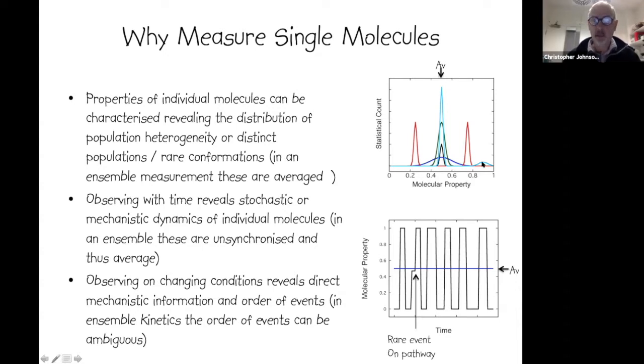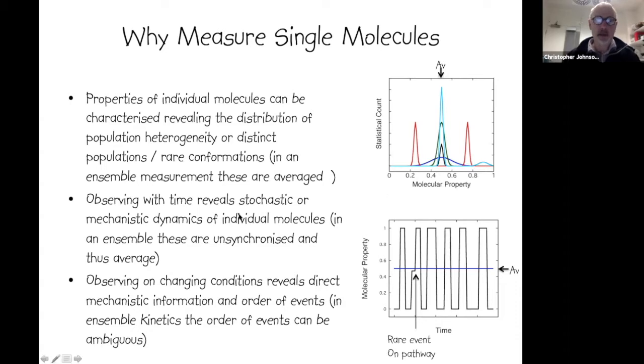And if we're making a bulk or what is an ensemble measurement of many, many molecules, then we'll end up observing this average molecular property. And that average molecular property would be observed for all of these scenarios. So we would have no idea about the distribution of properties within the population.